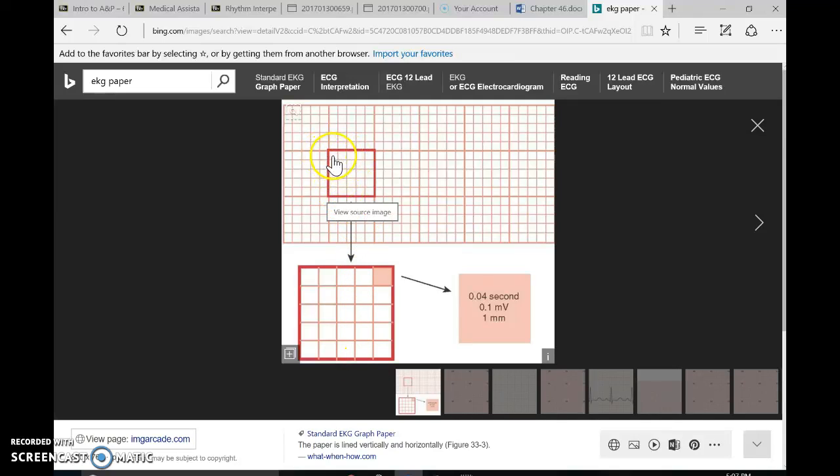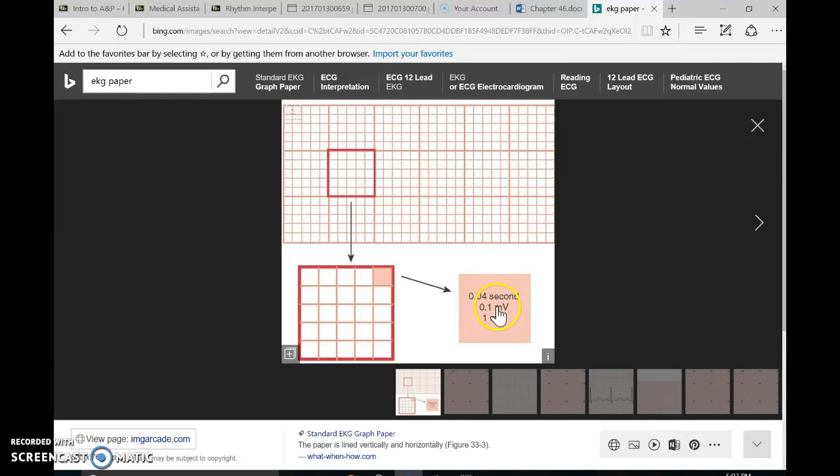The little bitty tiny square inside here is where they pulled this picture out. This little bitty tiny square equates to 0.04 seconds. Okay. It also equates to, in our height-wise, 0.1 millivolt.